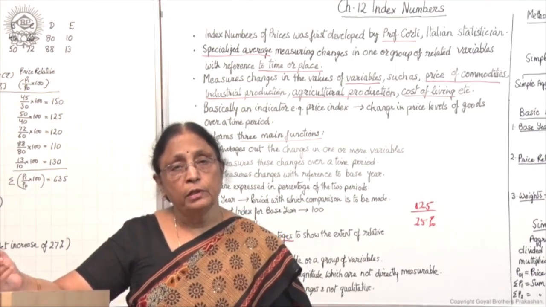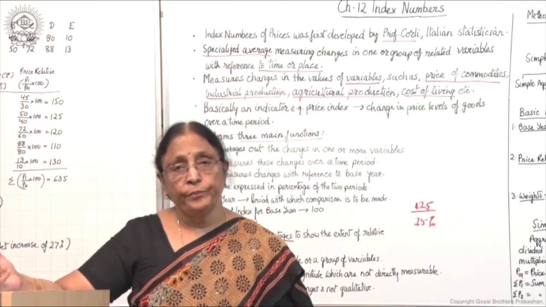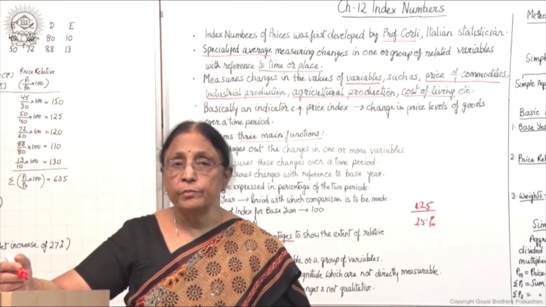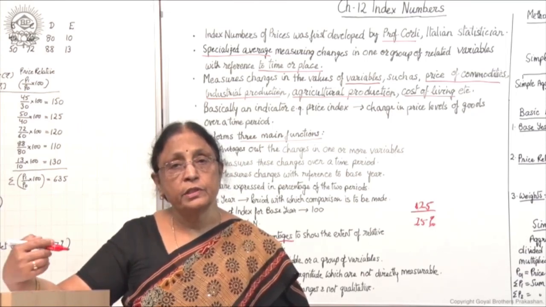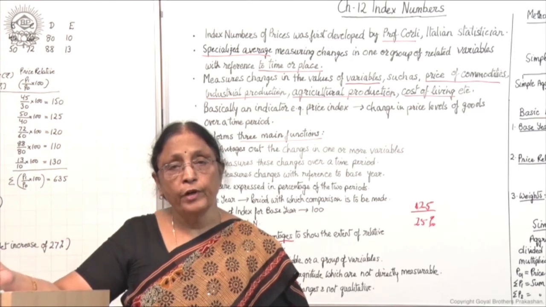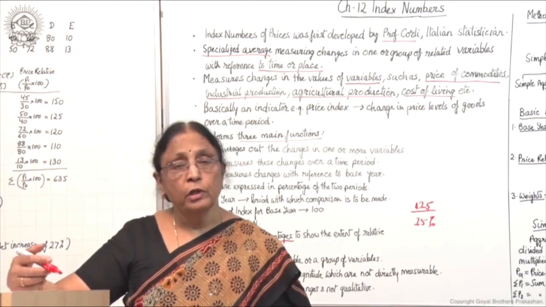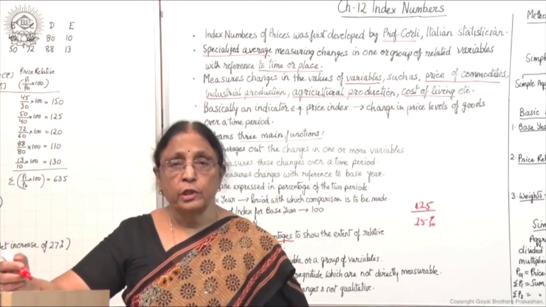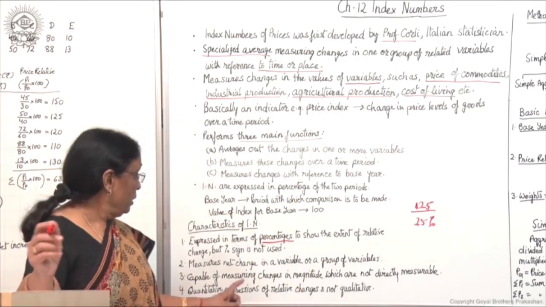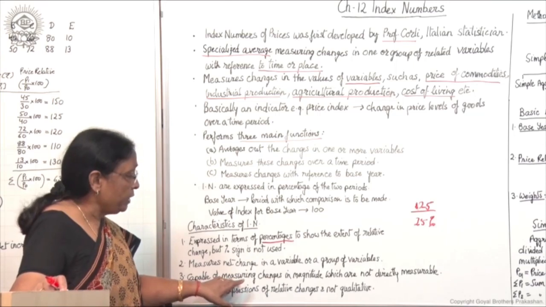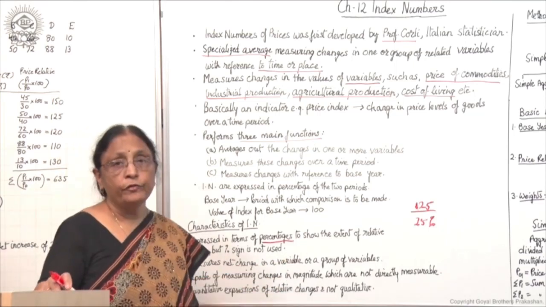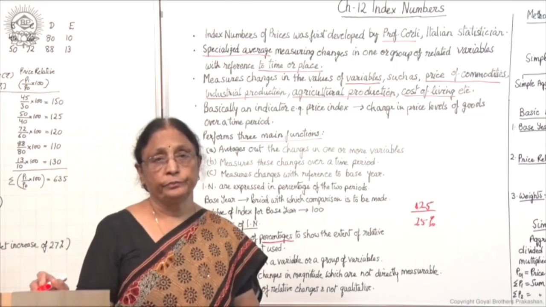For example, changes in business activity cannot be measured directly, but with the help of index number we can measure the changes in business activity, whether the business is giving more profit or less profit, or higher cost or less cost. So in this way, variables which cannot be measured directly can be measured with the help of index numbers.